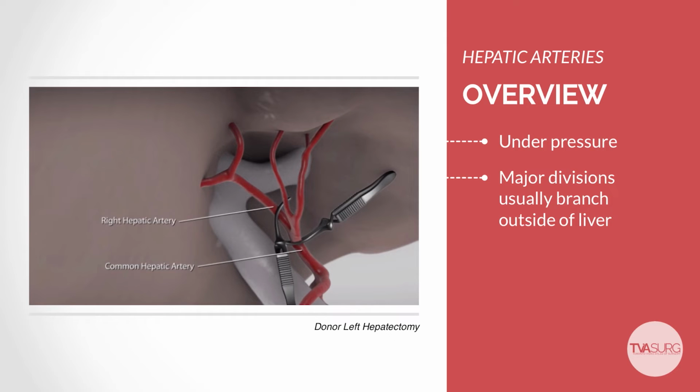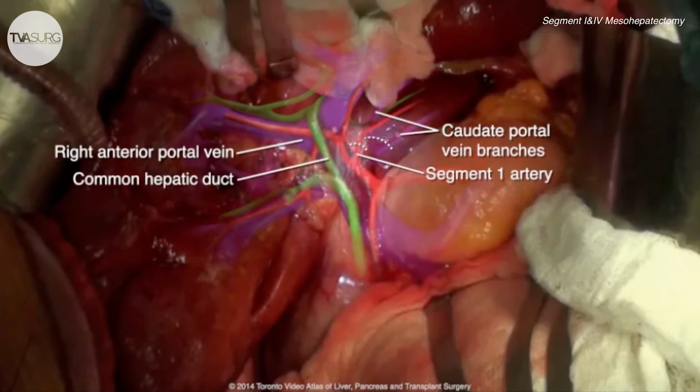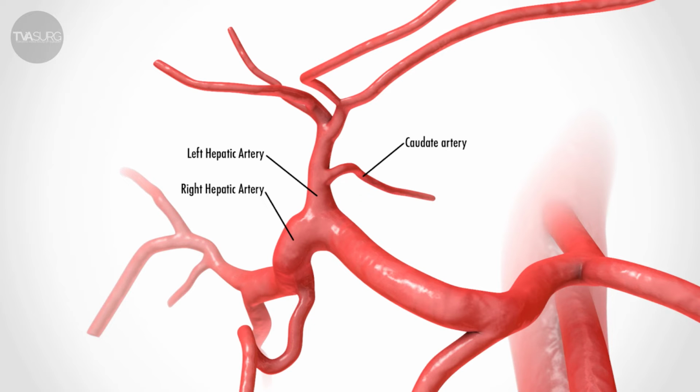You will note in this image that commonly we find the major division of the hepatic artery into left and right takes place outside the liver, as do the first few segmental branches, which may include the segment 1 or caudate artery. This can emerge from the main hepatic artery, as depicted here, or it can also branch off the left hepatic artery.